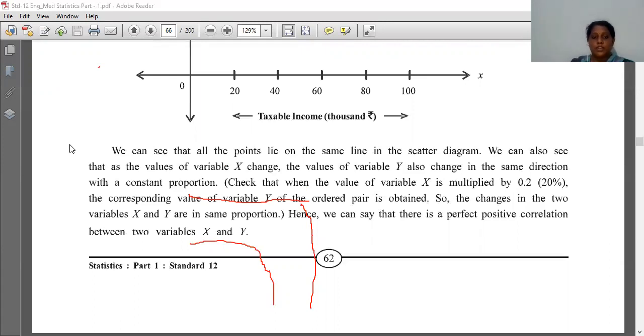Hence we can say that there is a perfect positive correlation. By seeing the graph we can say which type of correlation it is. It is moving from left to right in an upward direction, so it is a perfect positive correlation, and the points are also on the same line. Okay, you can draw the line also to see whether it is on the same line or not, right?